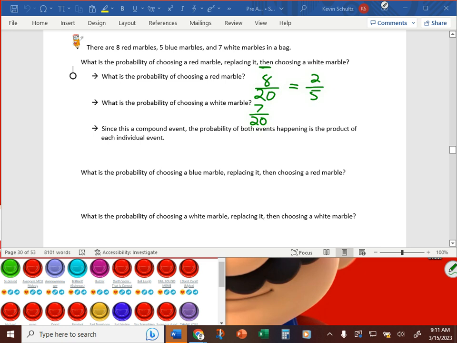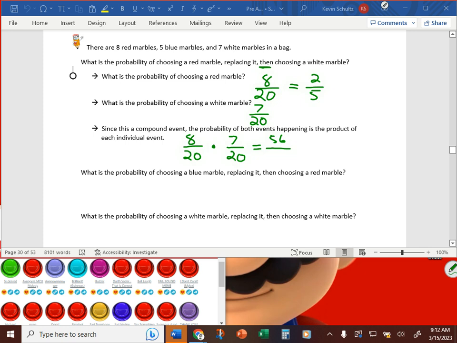We're taking the probability of a red marble and the probability of a white marble and multiplying them to combine them together, to say first do this, then do that. We use the operation of multiplication to do that. So 8 times 7 equals 56.